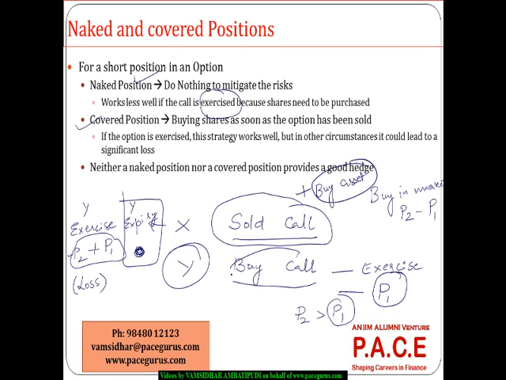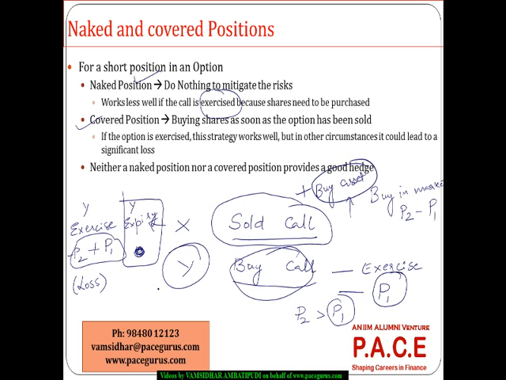So in case this person is exercising, obviously I can very well deliver the asset because I already have it. So when Y is exercising the call, this is a good strategy because I have the asset to deliver.